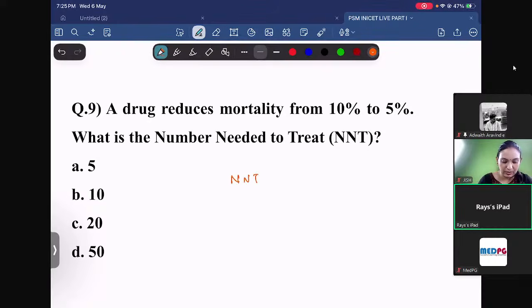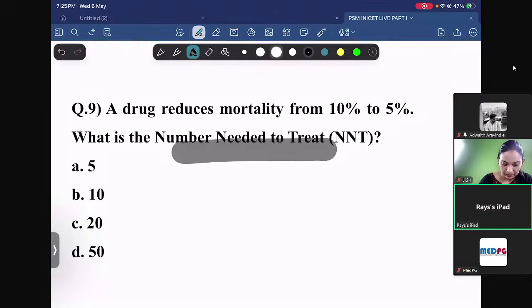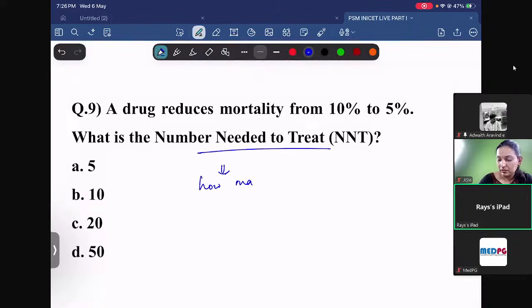So NNT is how many patients need to be treated to prevent one adverse outcome.